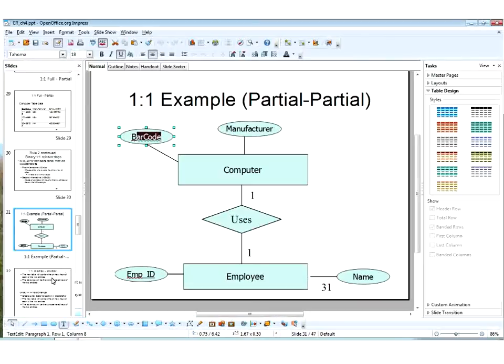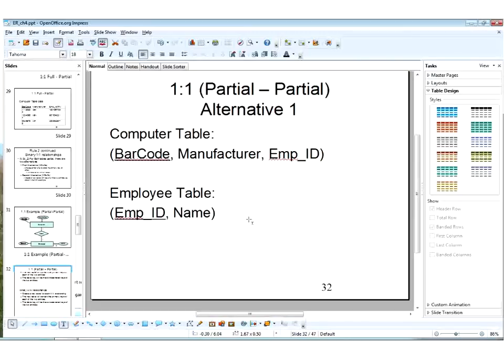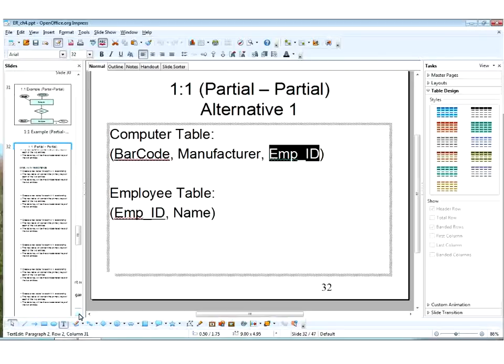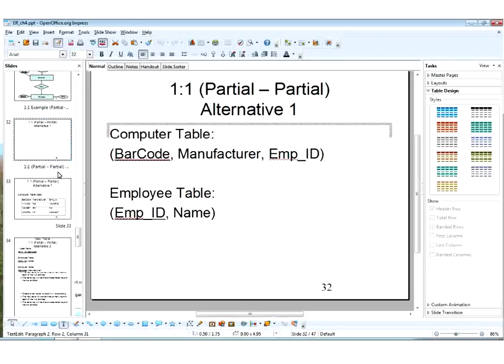And they're both part of the PK. So there you go. There's alternative 1. Store emp ID in here. We will have to have some null values if we do that. Because employee doesn't have to participate.